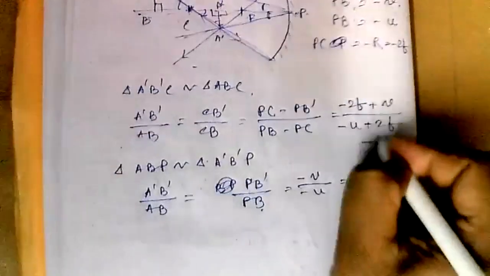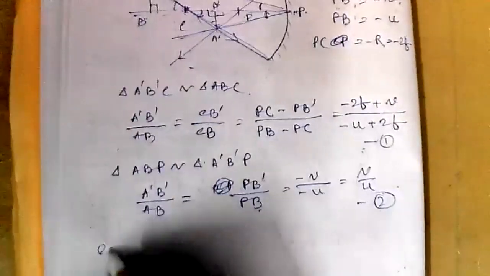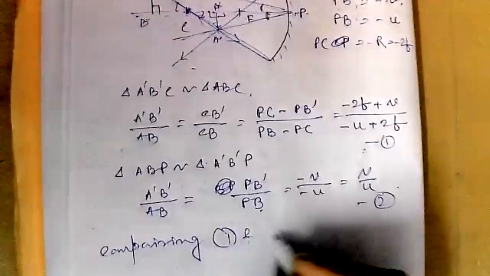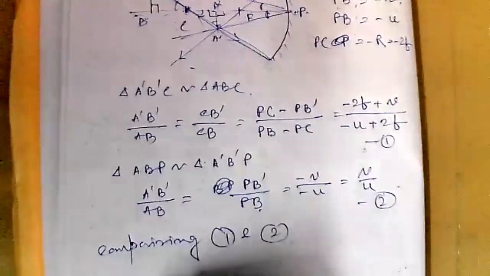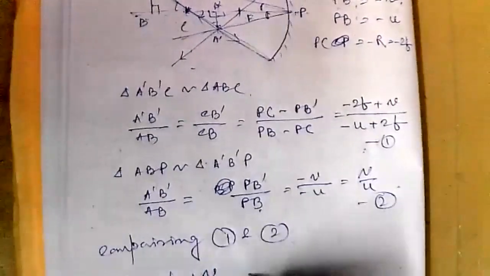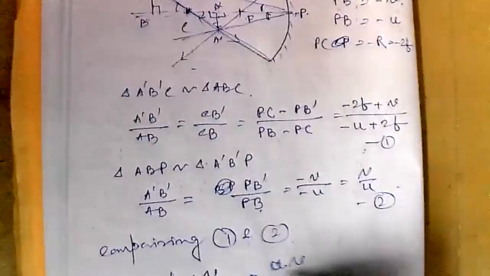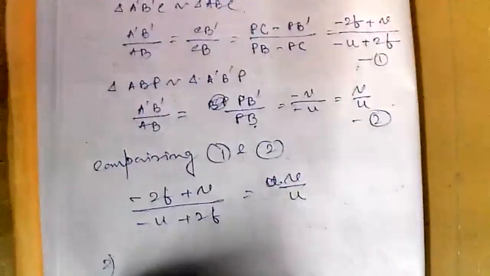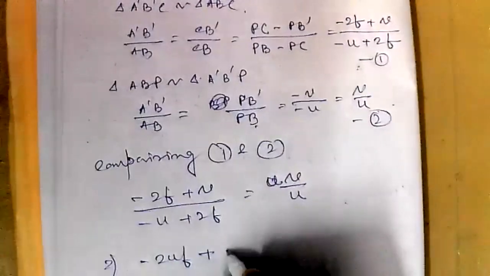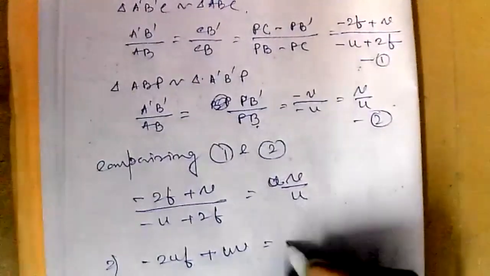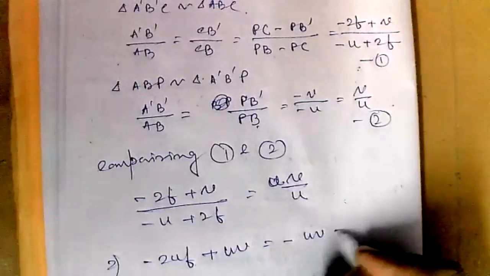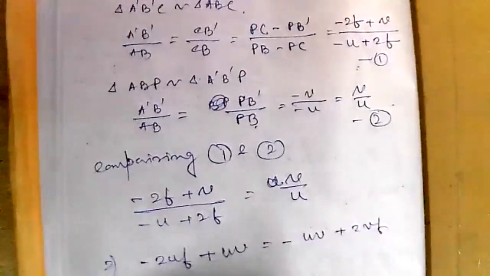So from these two, 1 and 2, you can write minus twice F plus V, by minus U plus twice F, is equal to V by U. Or minus twice UF plus UV equals minus UV plus twice VF.